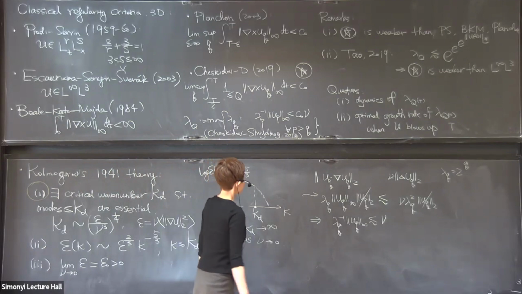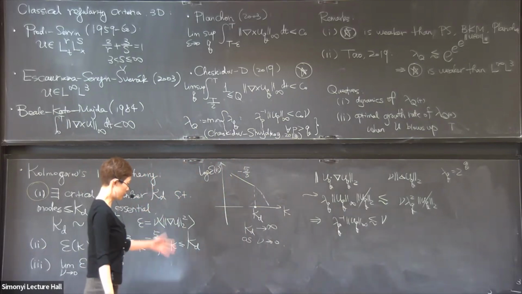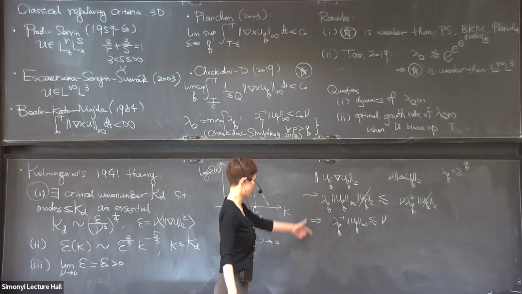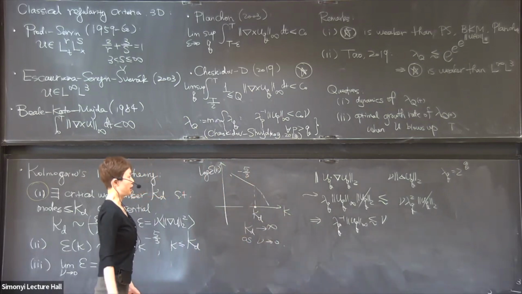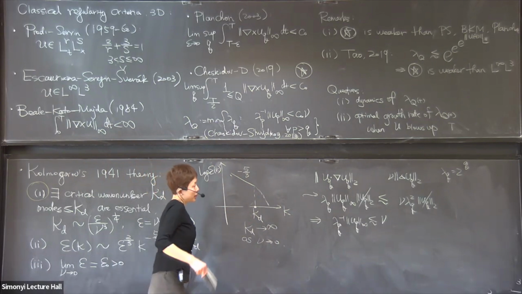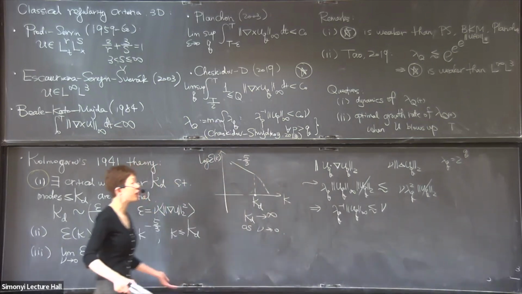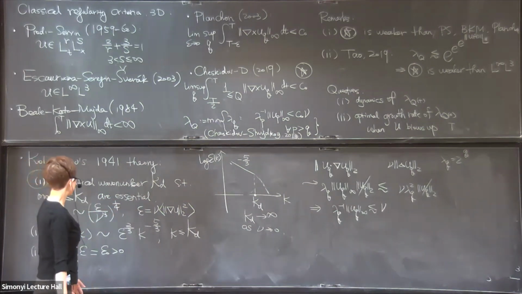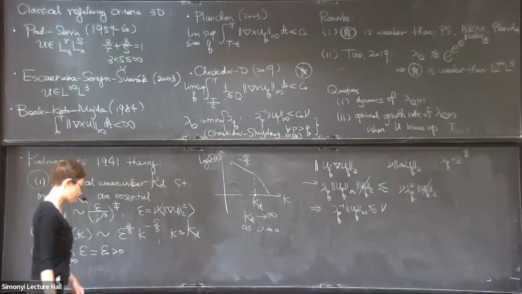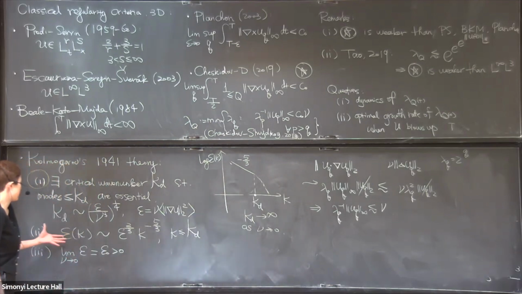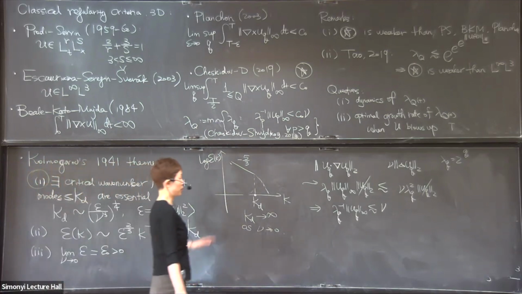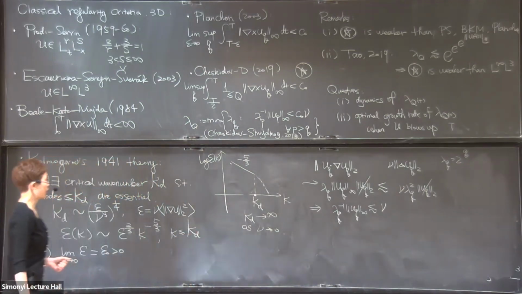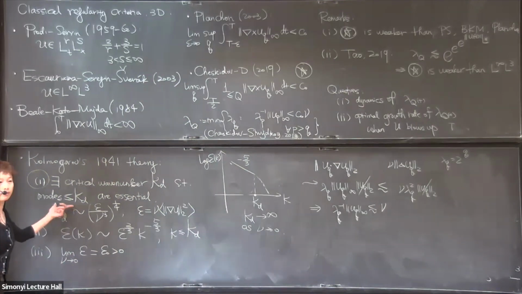Of course, everything here is just heuristics, and we have to make it rigorous. But I'm not going to talk about the proof. So now when we look at this condition and the ideas behind it, it seems that this physics law makes sense, right? And then we ask the question, can we actually justify the physics law rigorously?